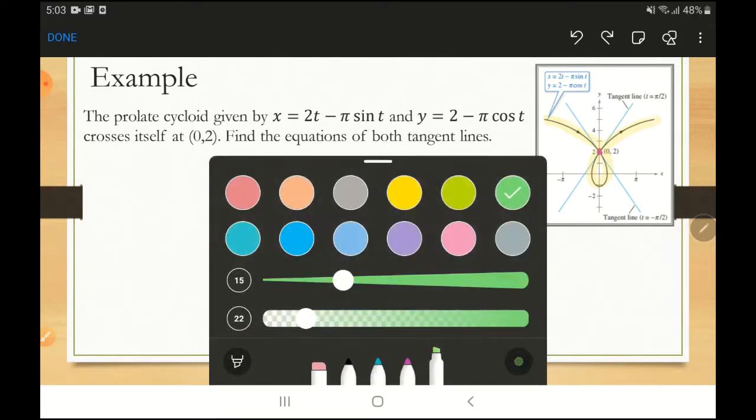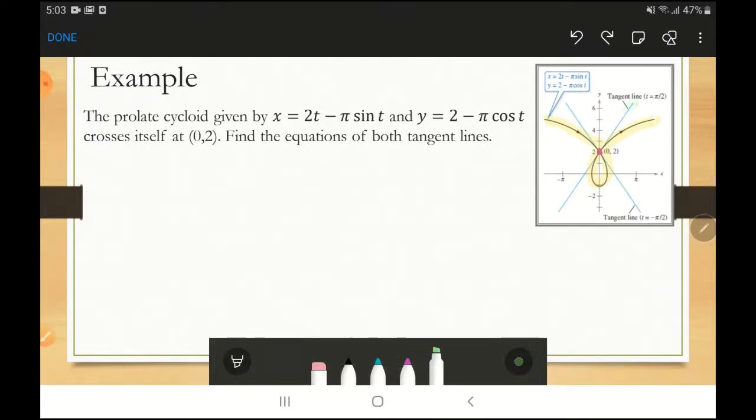So the first one is, let me change color. The first one is going this way and another one is going that way. Means we are going to have two tangent lines touching the very same point.